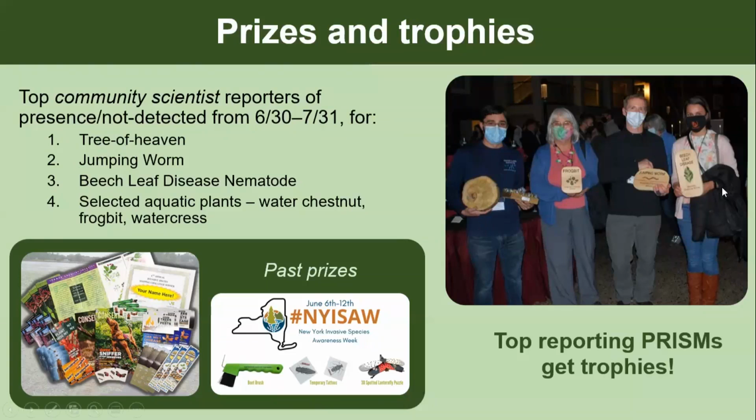So there's four trophies up for grabs, one for each of these species, and then one for the combined totals of the three aquatic species. And I do want to reiterate that that does include presence and not detected records. So even if you go out and don't find it, that's really important to document and can help your PRISM get a trophy.